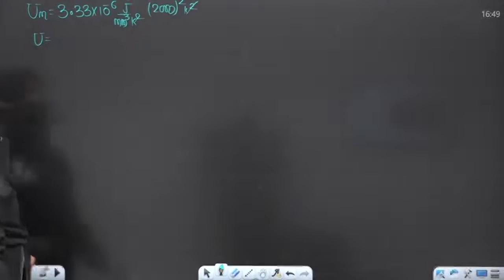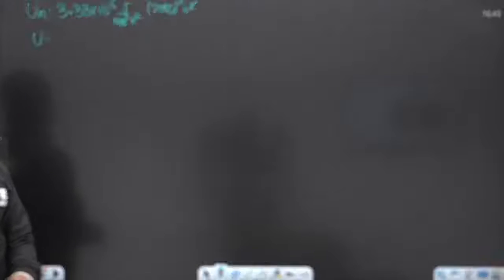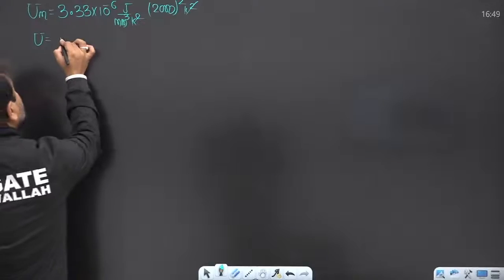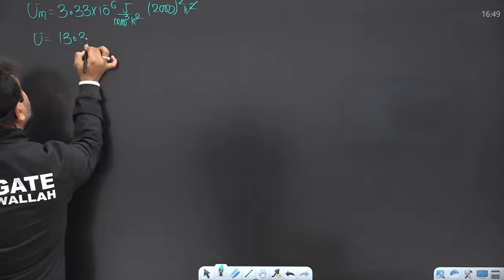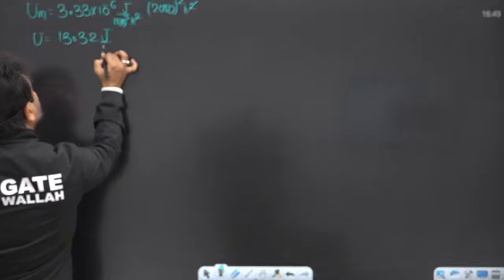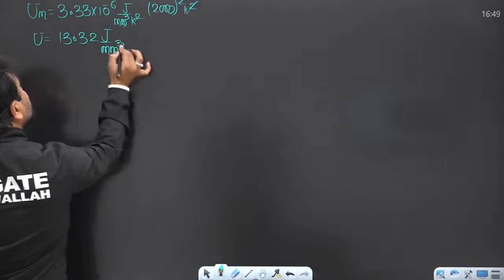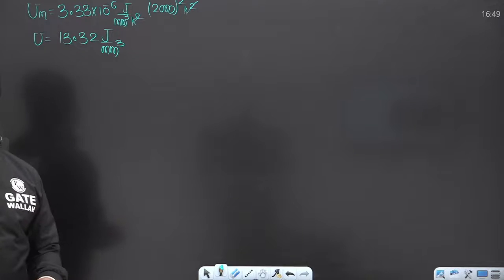So this is joule per mm cube, and it will become, my dear, 13.32 joule per mm cube.